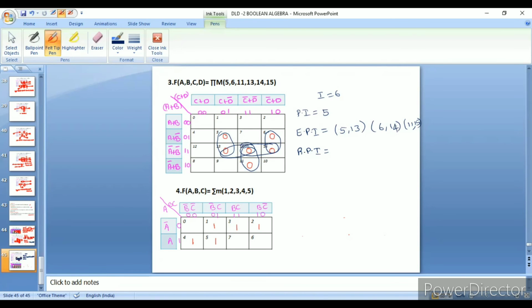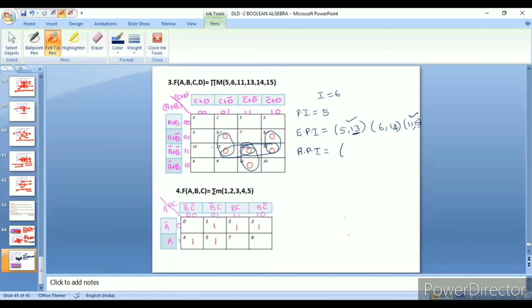Observe here: this 5 and 13, 13 is a minterm. Observe this 13 and this 14, and we know that this 11 and 15 is an essential prime implicant.